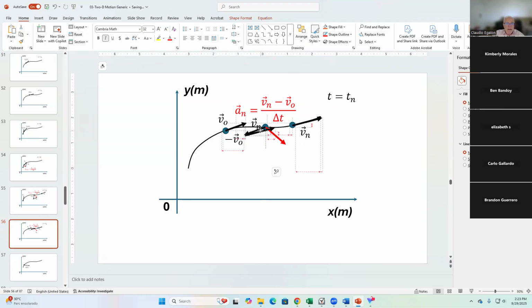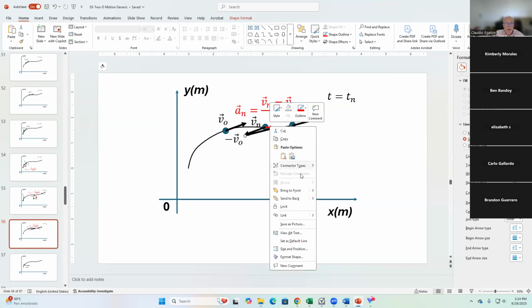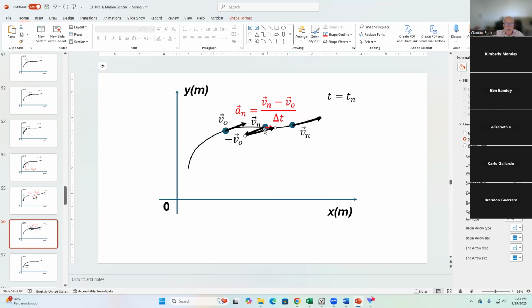You can see that in this case, the average acceleration vector is going to be relatively small, because all those velocity vectors are almost the same. Bring to the front. Didn't make any difference?